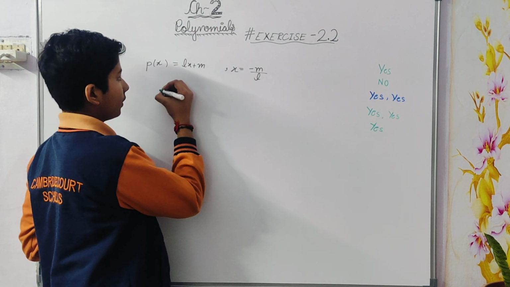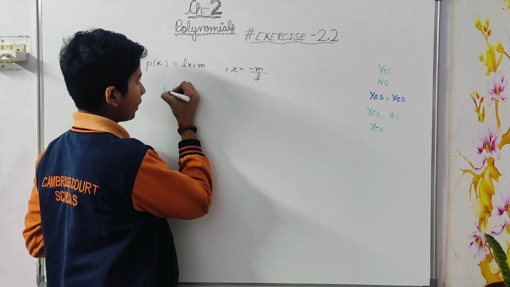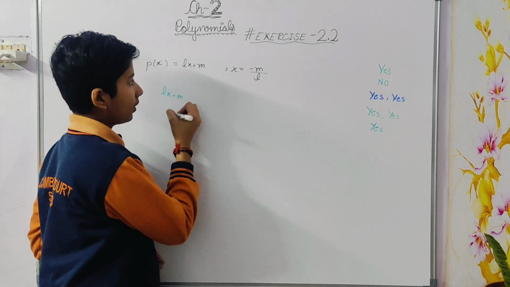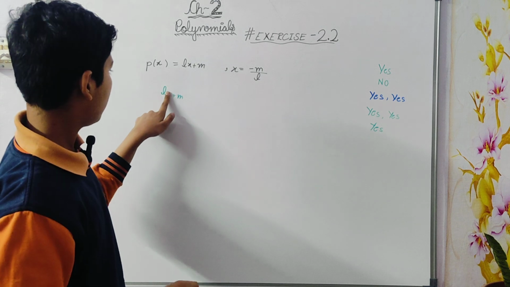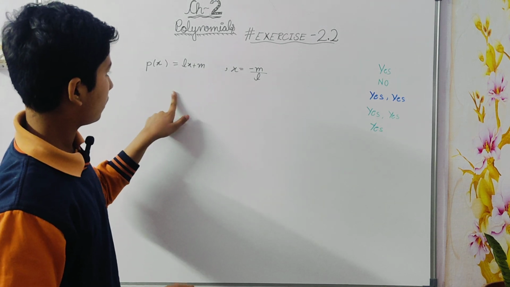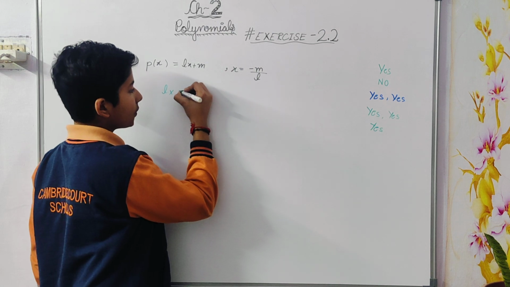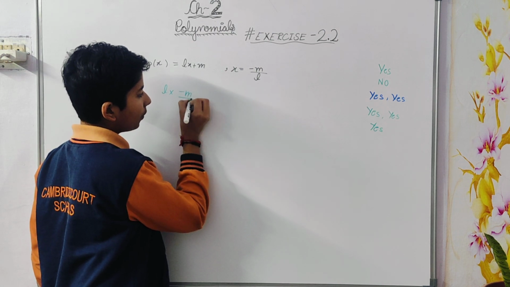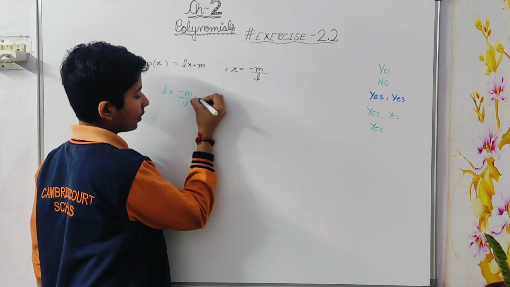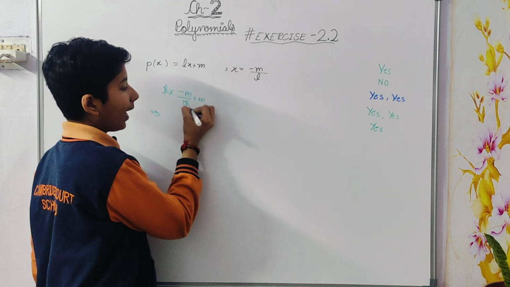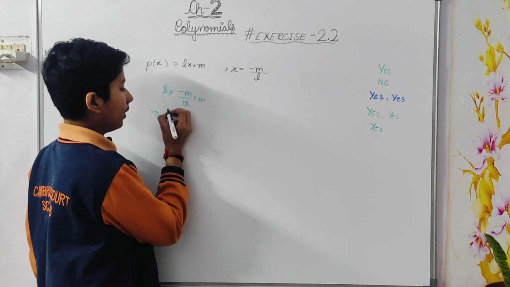lx plus m, and l is given. So l multiplied by minus m upon l, plus m. If we see this, l will get cancelled by the l.